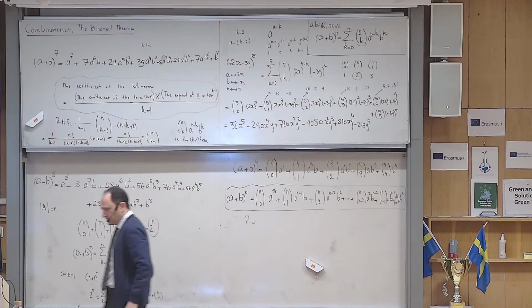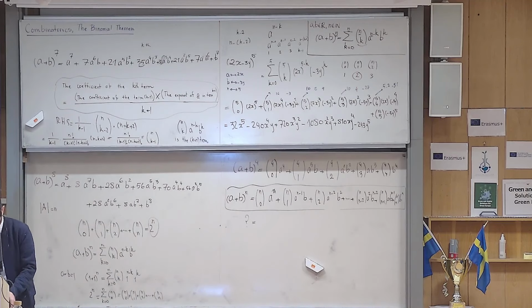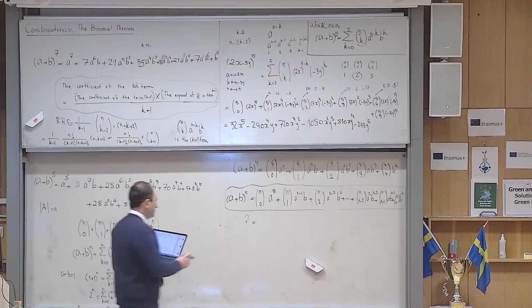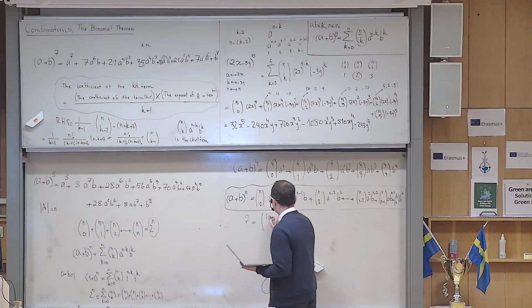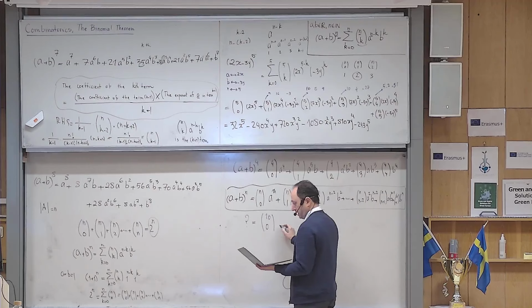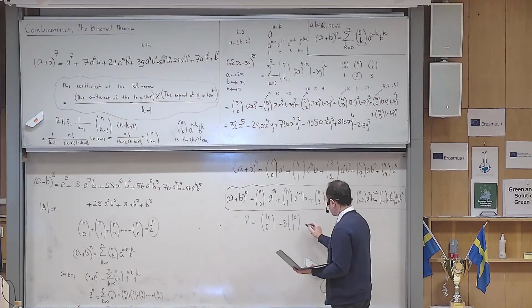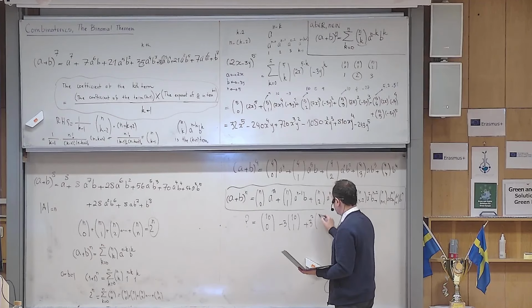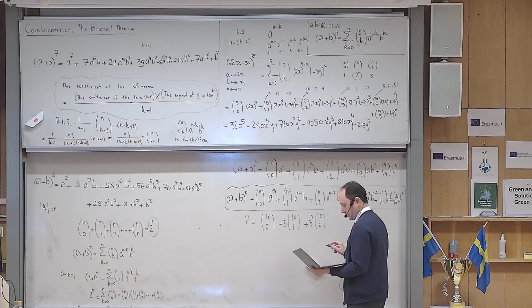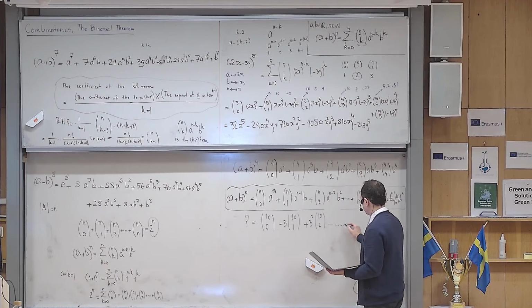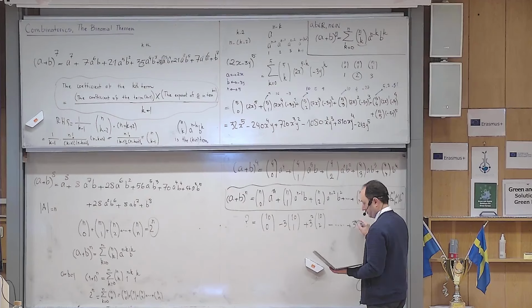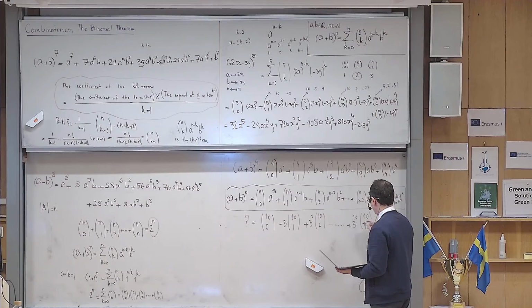The sum is, let me see, 10 choose 0 minus 3 times 10 choose 1 plus 3 to power 2 times 10 choose 2, and then minus, dot dot, plus 3 to the power of 10 times 10 choose 10. I want to draw your attention to this technique.